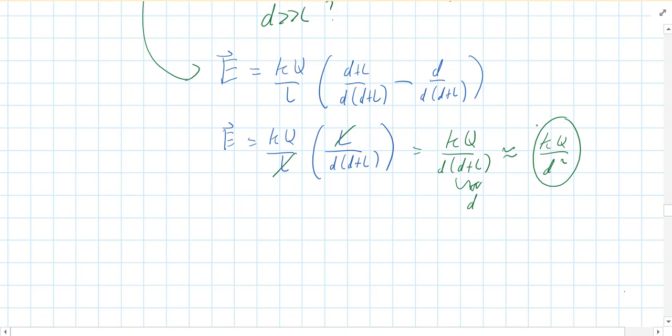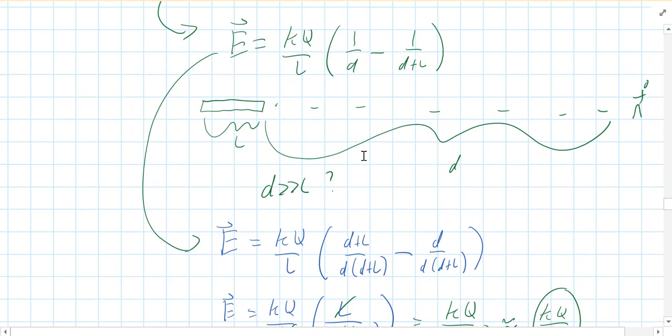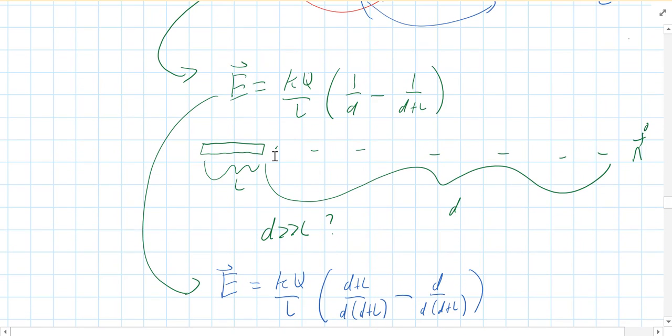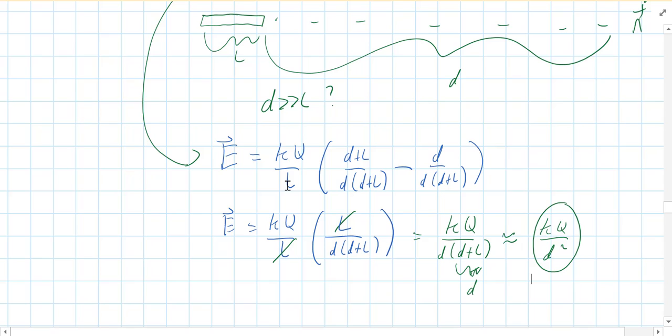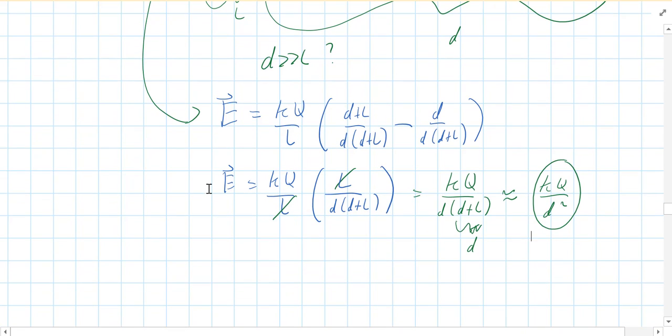What does that look like? That looks like the electric field created by a point charge. In other words, when you get far, far away from the meter stick, it looks like a point charge to us, and it behaves like a point charge to us. You're going to notice that in a lot of the examples we do, when you get far away from them, they should look like a point charge, and the equation should reduce down to KQ over R squared, basically. All right, I'll see you on the next example.